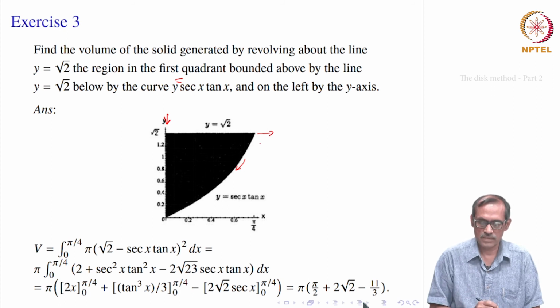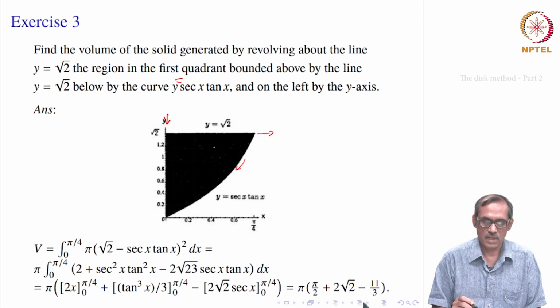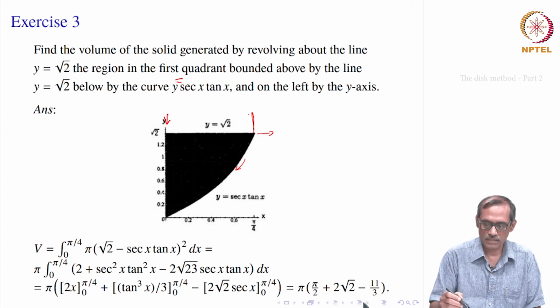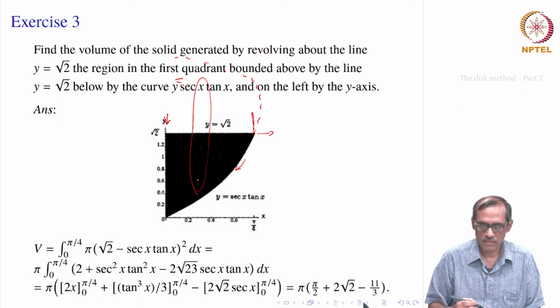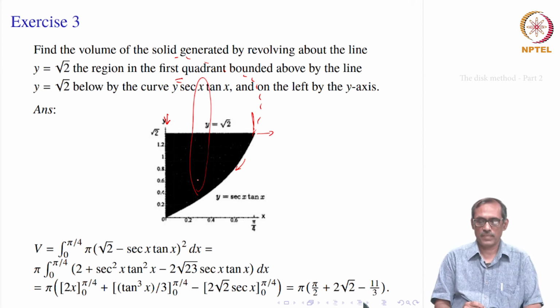So, this is the region, fine. This region is revolved about the line y equal to root 2, not about the y axis, but about this line. So, the cross sectional areas will be looking like this, fine. We want to find the volume of that solid.